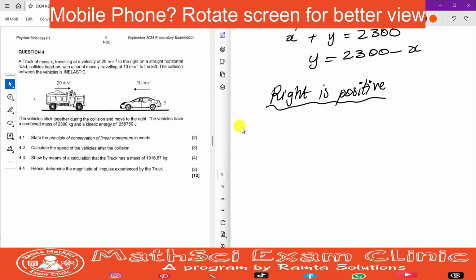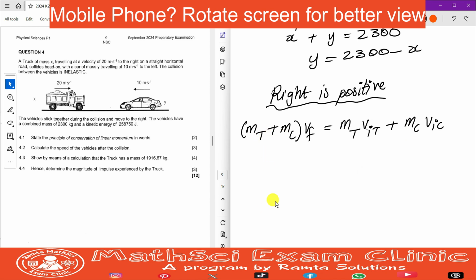Mass of the truck plus mass of the car multiplied by the final velocity is equal to mass of the truck times initial velocity of the truck plus mass of the car times initial velocity of the car.